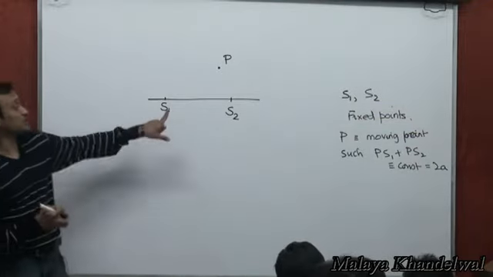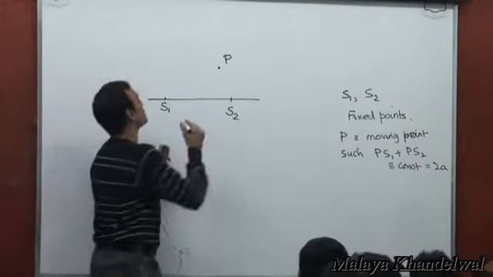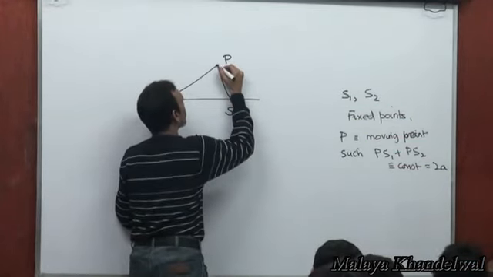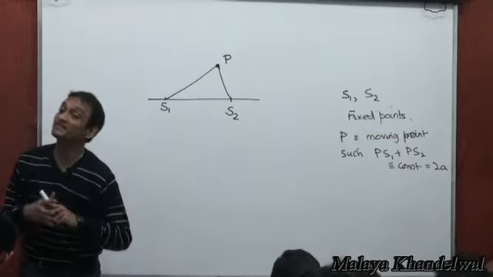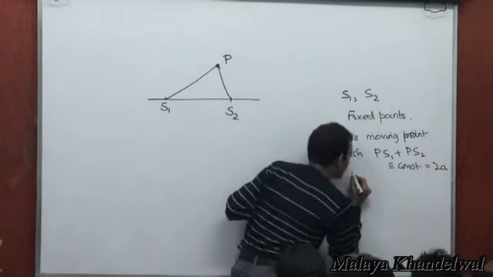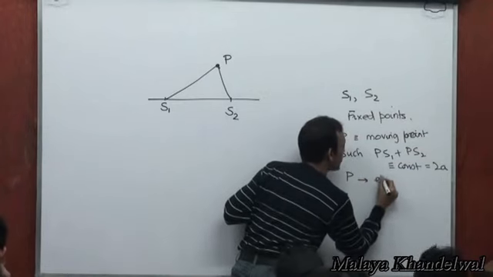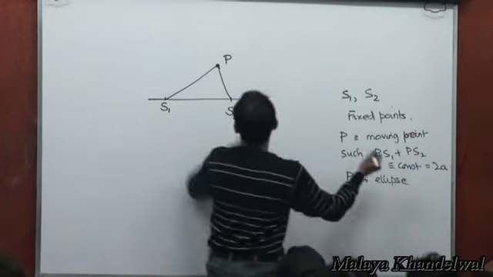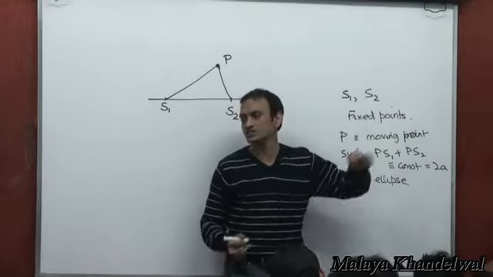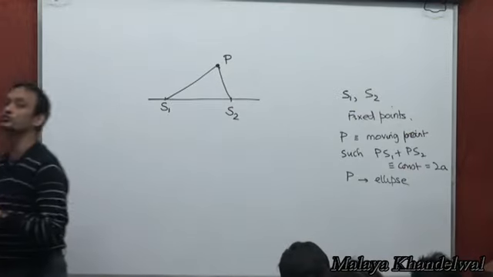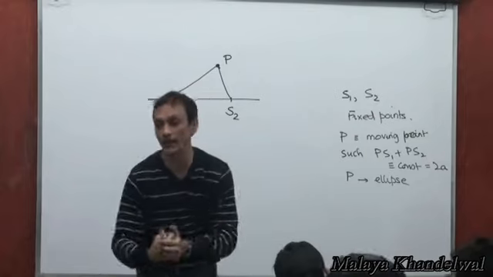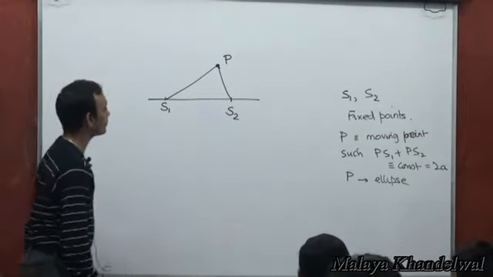The sum of its distances from two fixed points is a constant. Then the path that P describes is referred to as an ellipse. All points P lying in the plane of S1 and S2 such that the sum of the distances from S1 and S2 is a constant equal to 2a form an ellipse.